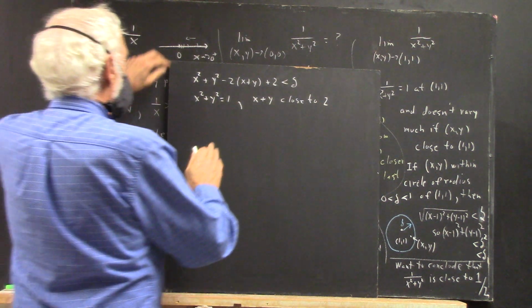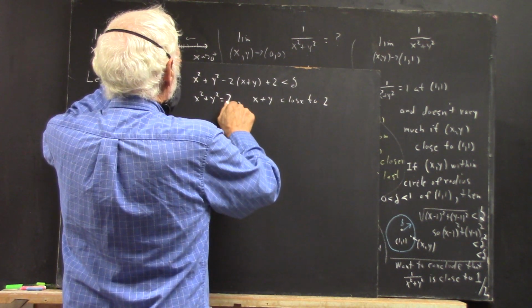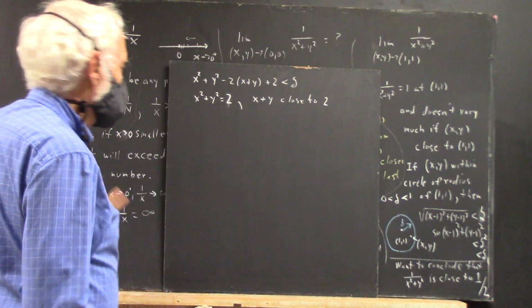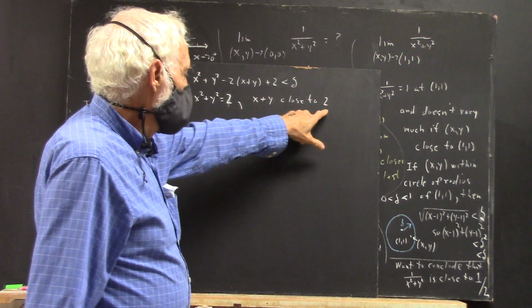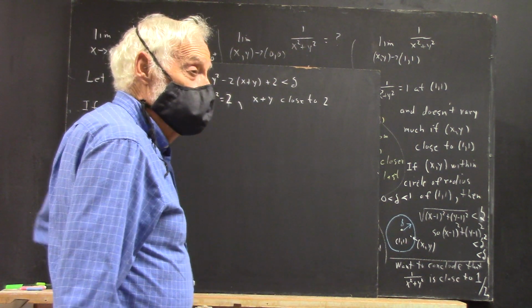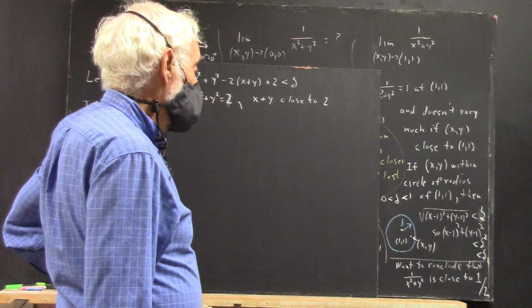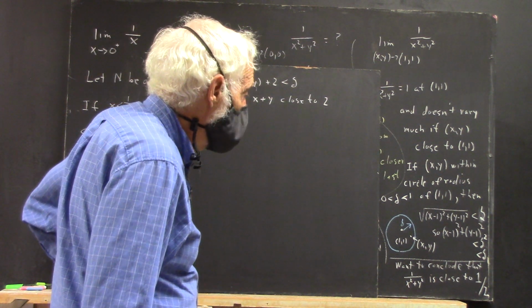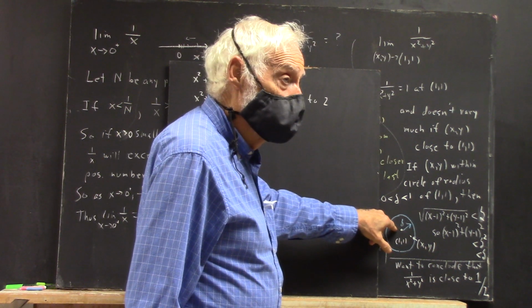And x squared plus y squared is not equal to 1, it's equal to 2. Okay? X squared plus y squared equals 2, and x plus y is close to 2. Now what's the maximum possible value of x plus y within this ball here?